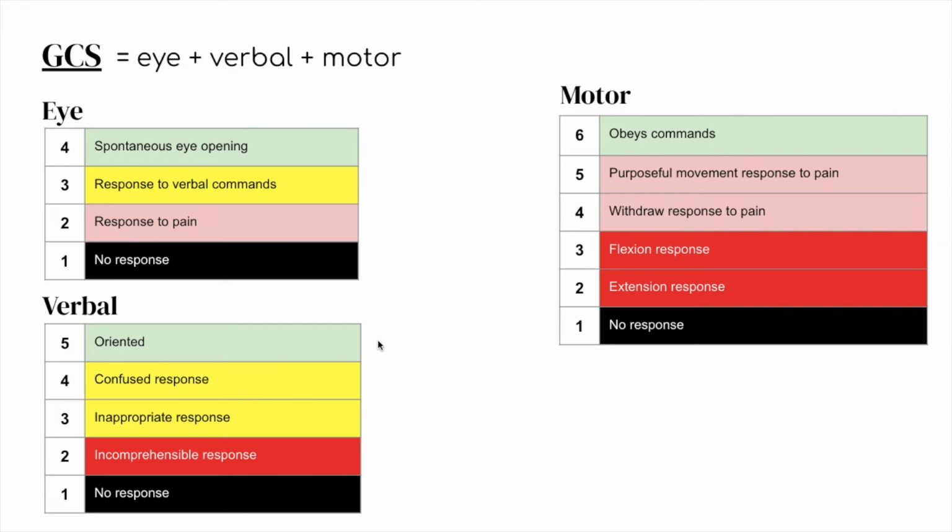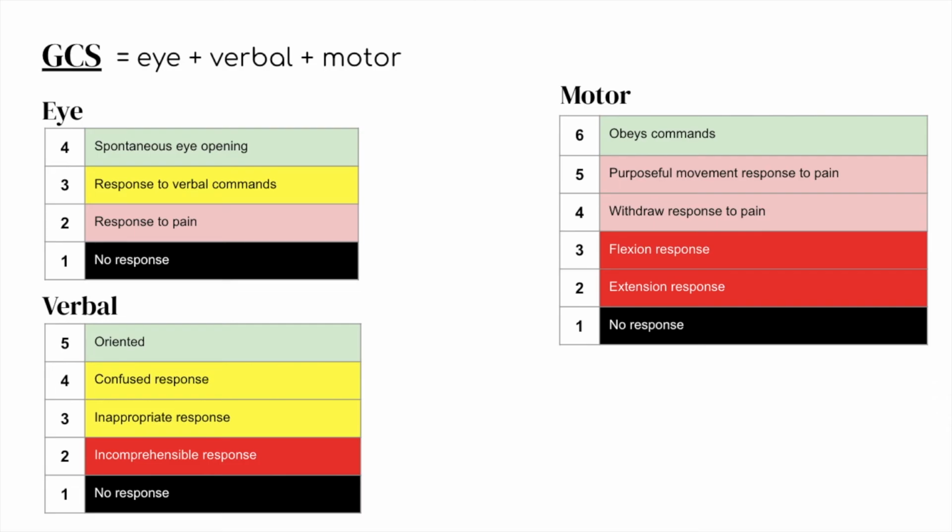The yellow responses are like concerning responses, thinking about a traffic light. It's kind of like middle of the road, obviously not good responses, but not necessarily the worst in my opinion. Yellow is just a cause for concern, while red is an extremely concerning presentation.